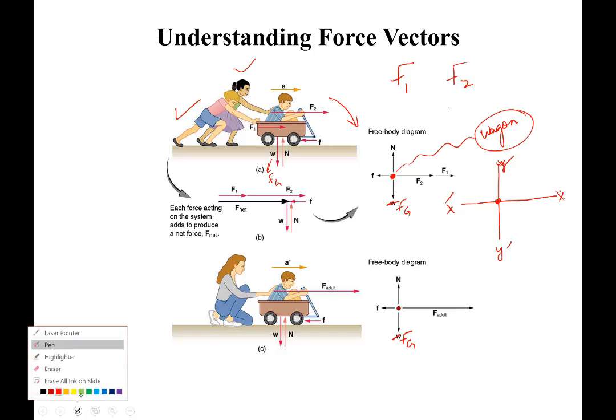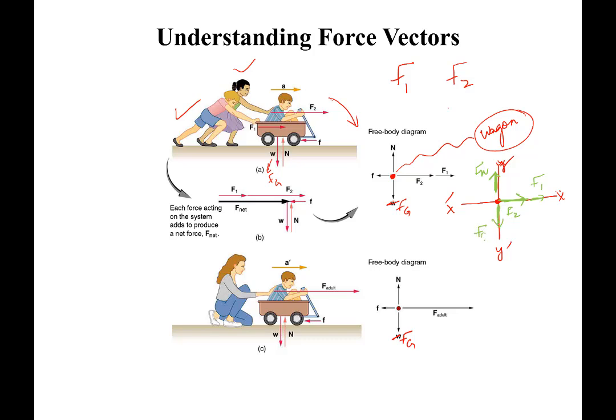Let me change the color. And there are two forces acting in this direction, so we put one F2, then we have another vector F1, we have normal force in the upward direction, we have weight. The length of the normal force and the weight is equal, because they are balancing.